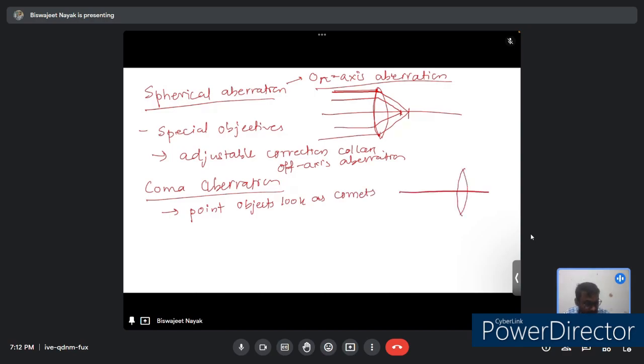Like if focusing the light from a distance, it will have a focus spot with a tail, and it affects the image of points located off the optical axis.